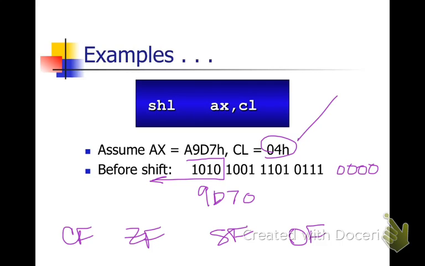Well, this is multi-bit, so we know overflow is going to be undefined. Sign flag, this is a negative value, so it'll be set. It is non-zero, so zero flag will be cleared. And the last bit shifted out was a 0. So in this case, my only bit that is set is going to be the sign flag.